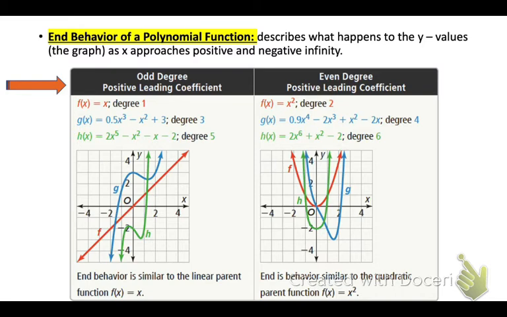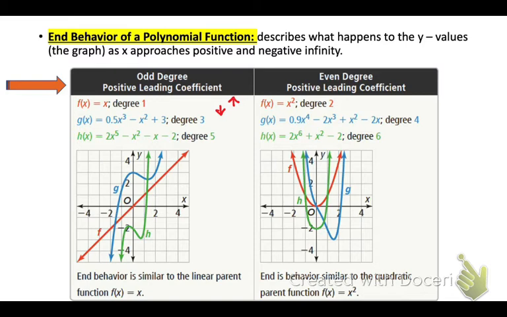Okay? So for odd functions, what I want you to write on your paper is the arrow, what it's pointing out. Odd degree, positive leading coefficient. I want that. Odd degree, positive leading coefficient. And then you just draw a picture that looks like this. Does that symbolize what happened in every single one of these graphs down here?